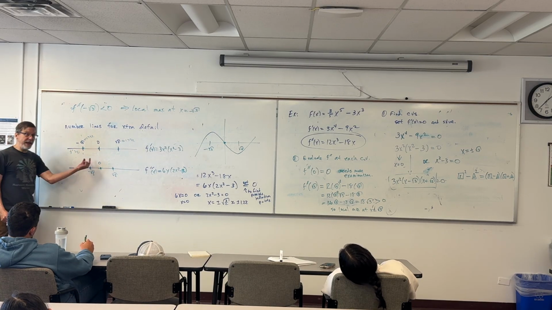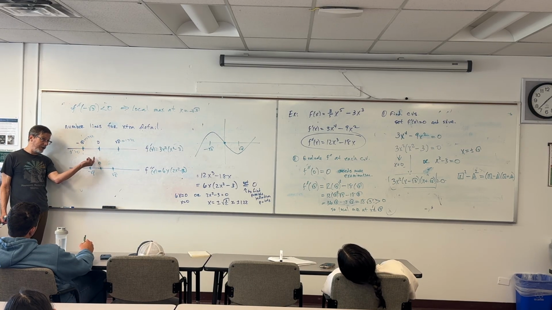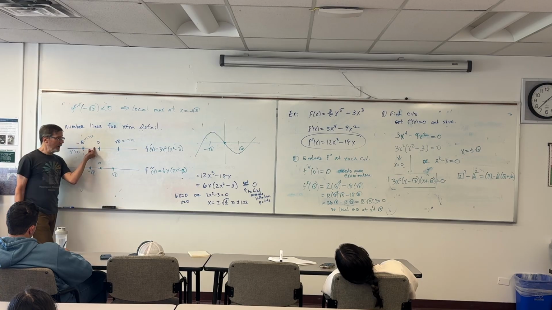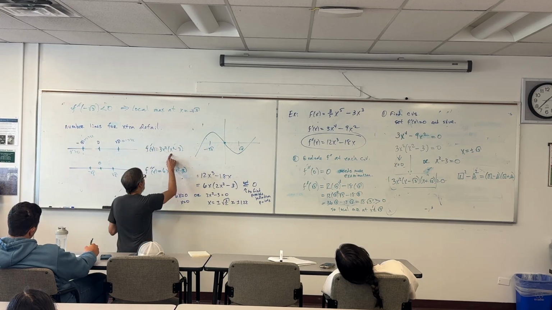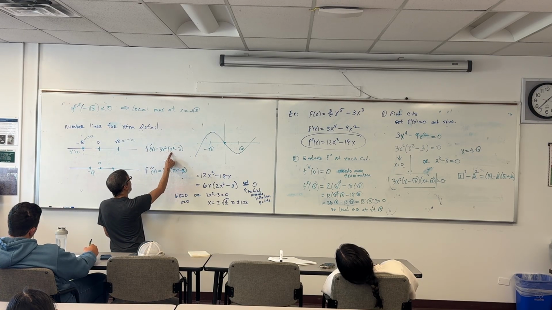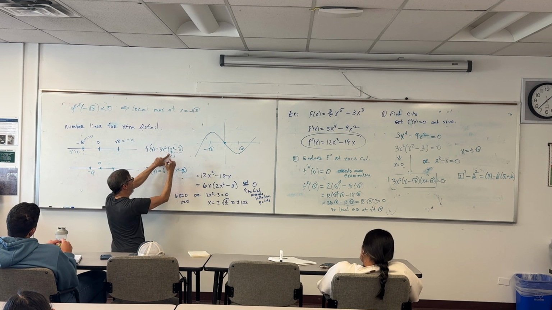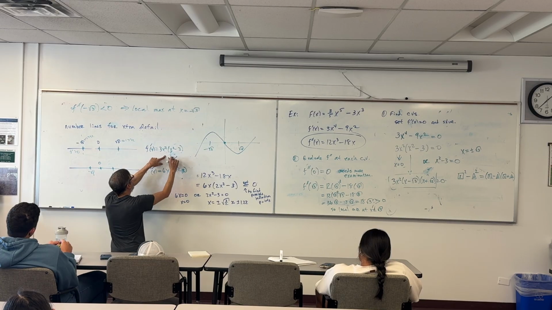Now, inside here, this one's a little trickier, but we can do it. I have a number that's less than the square root of 3 in magnitude. If I put a number less than the square root of 3 in here, what does this become? This is negative. If the magnitude of x is less than the square root of 3, then x squared is less than 3, and that makes this whole thing negative.